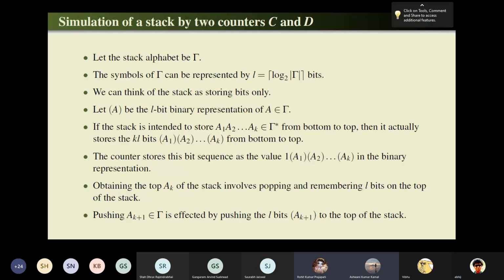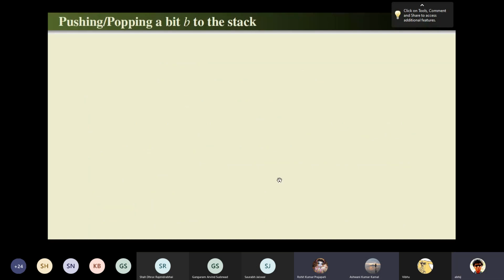Then let us see how we can implement push and pop: pushing or popping a bit to or from the stack. Let's assume that the counter C stores that value, 1 followed by the bit string, and the counter D is 0.